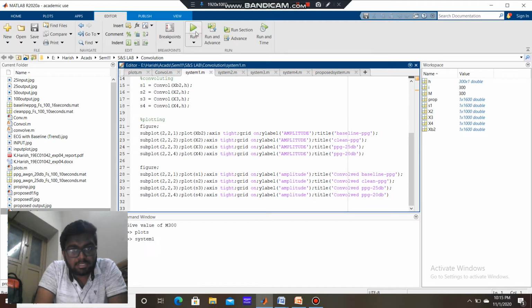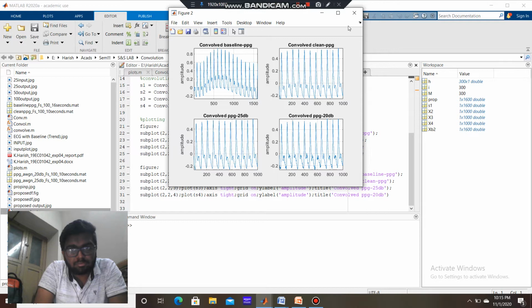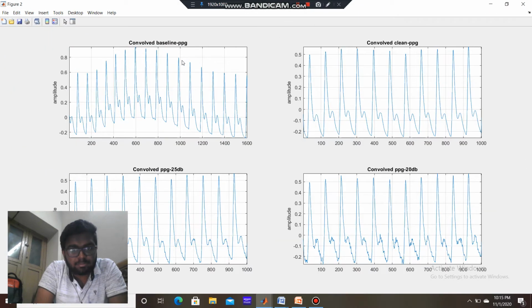If we run this, we can see the output of the systems and their performance. Here are the convolved baseline, convolved clean, convolved 25 decibel PPG signal and convolved 20 decibel PPG signal.